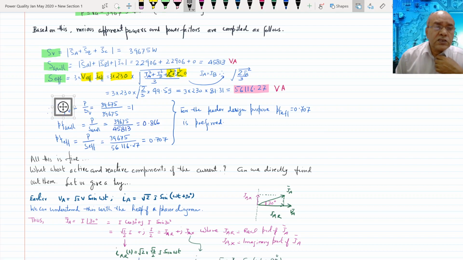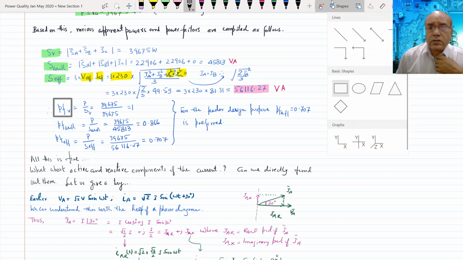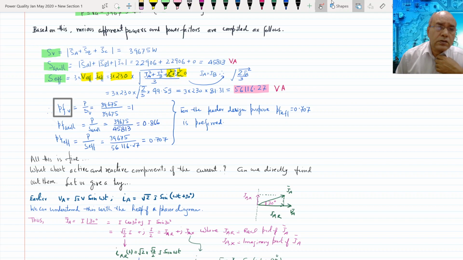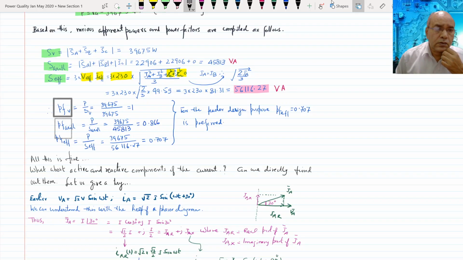Okay, this is power factor phase C, and then power factor of phase effective.